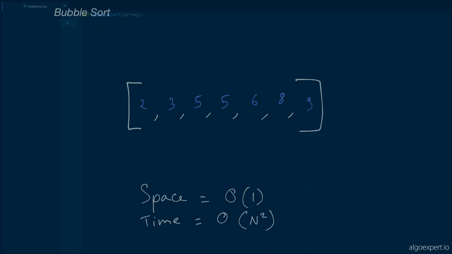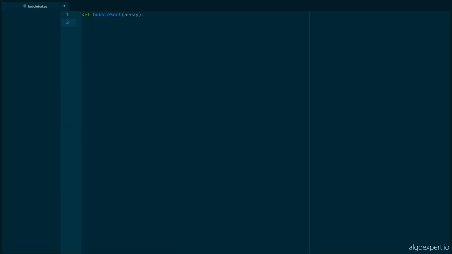All right, so we've got our bubble sort function defined, and it takes in an array of integers. Now, the way I like to implement bubble sort is to keep track of whether or not the array is sorted in an isSorted variable. So we're going to declare an isSorted variable to false at the beginning. At the beginning, we assume that the array is not sorted.